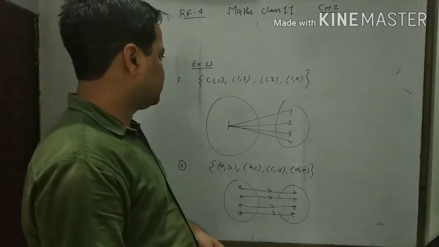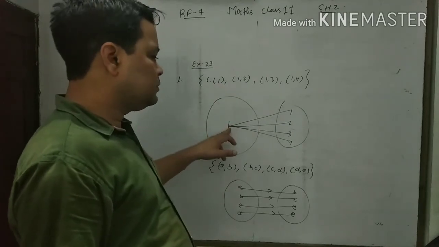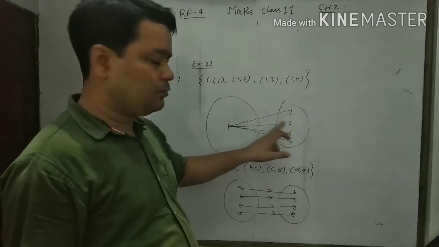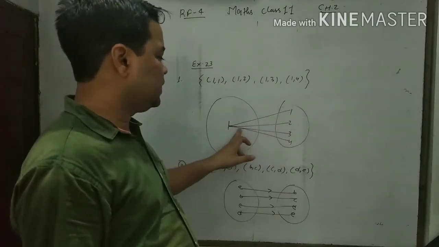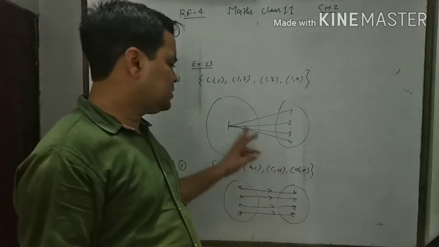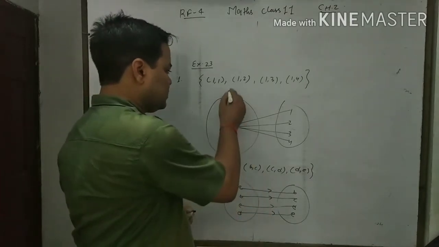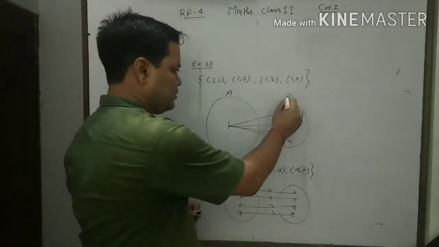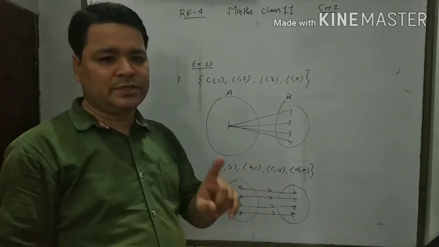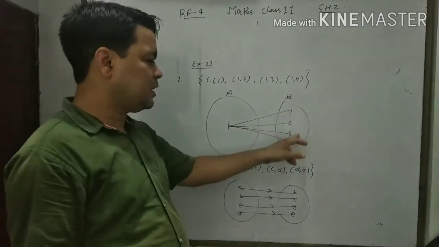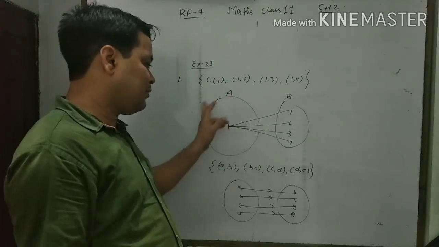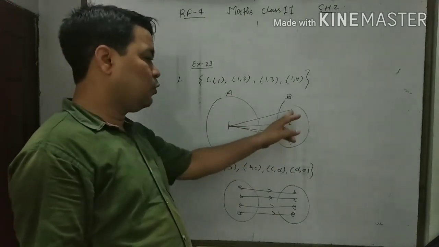Here let us discuss: 1 is related to 1 also, 1 is related to 2 also, 1 is related to 3 also, and 1 is related to 4 also. But according to the definition of the function, each element of this set should have a unique element. Here 1 does not have a unique element. It has 4 elements in B. Means one element of A is related to 4 elements of B.